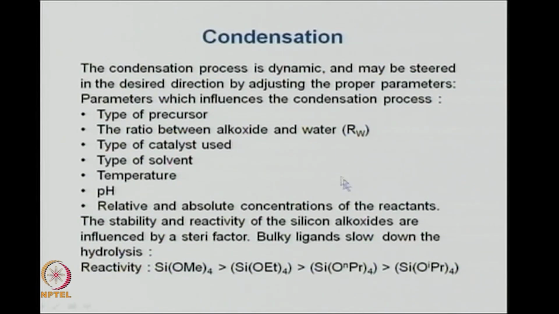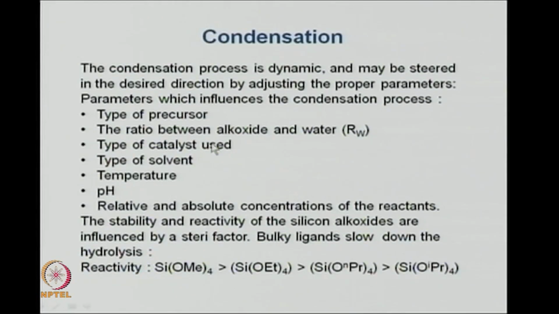So, condensation processes are dynamic processes and will depend on several parameters. These parameters can be the type of precursor that you have chosen, the amount of water and the amount of alkoxide in your system, the type of catalyst that you are using, the solvent, the temperature, the pH, which is very important, and the concentrations of the reactants.